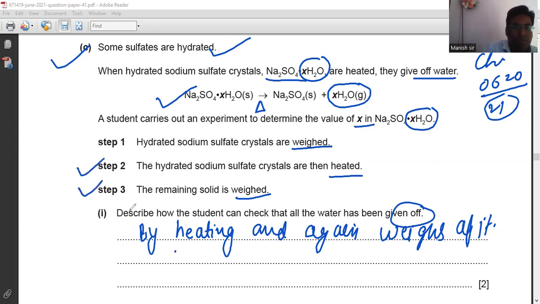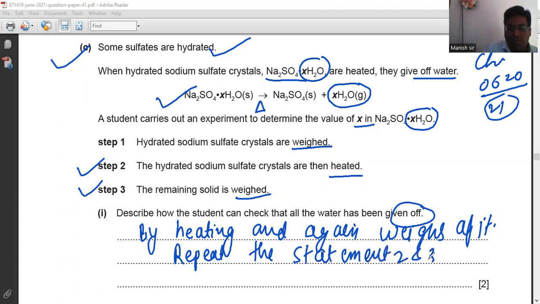Repeat steps 2 and 3 again. So write the statement here. This will be the answer for C. Write it now.